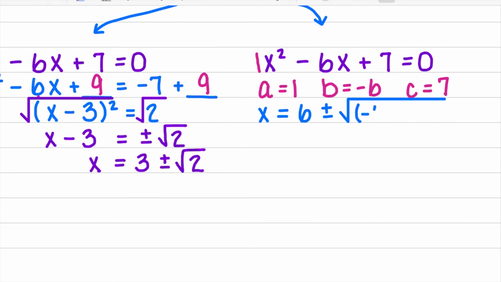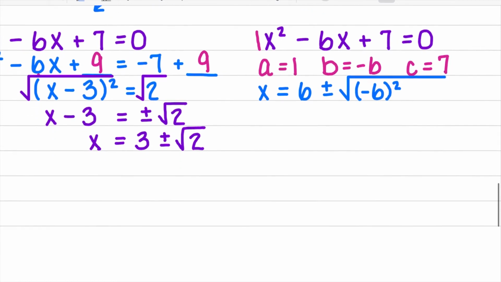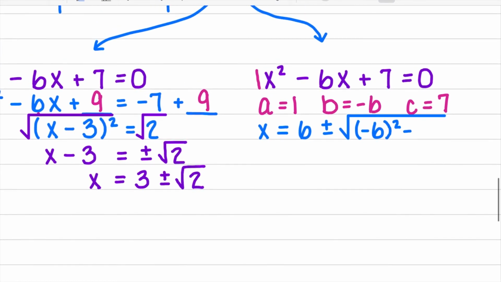Now make sure you put that b in parentheses because it's a negative, and if you don't put it in parentheses, technically that would give you a negative 36, which is inaccurate. So it's b squared minus 4 times a times c all over 2a.